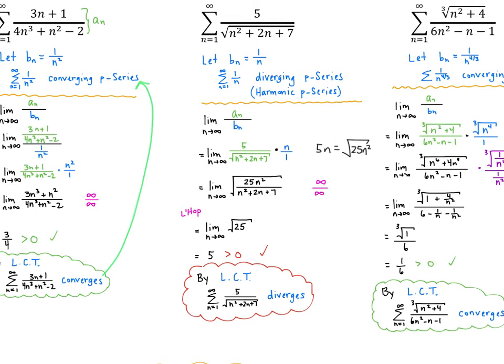So, by the limit comparison test, since we are comparing this series to a diverging p series, we can also say that the original series of 5 over the square root of n squared plus 2n plus 7 also diverges because we are comparing it to a diverging series, okay?